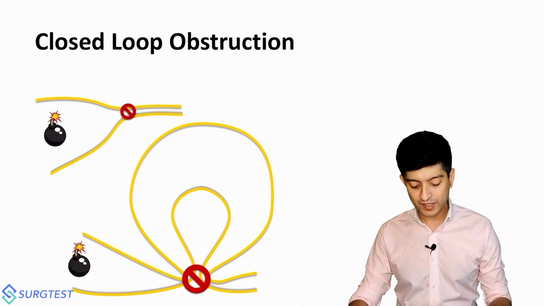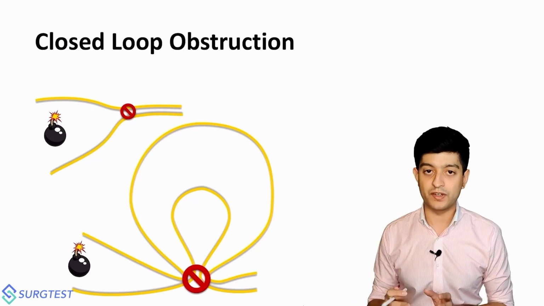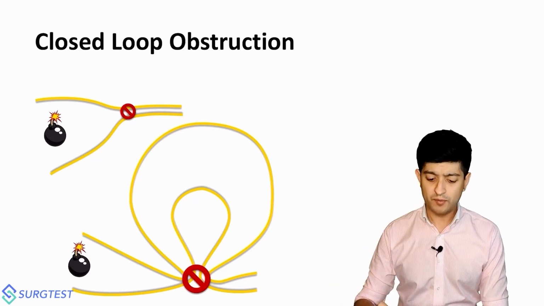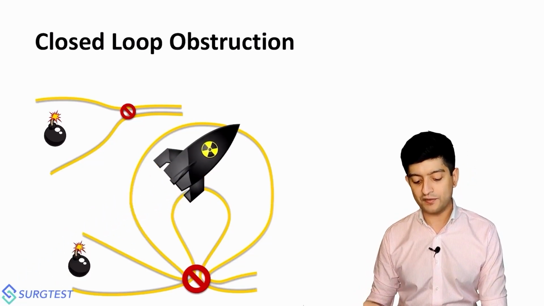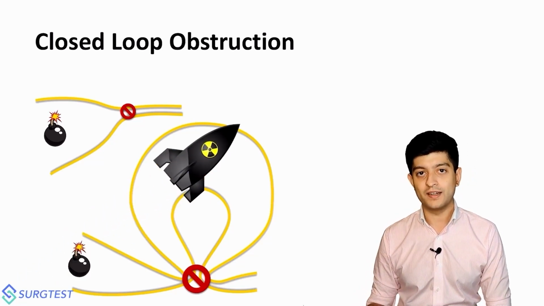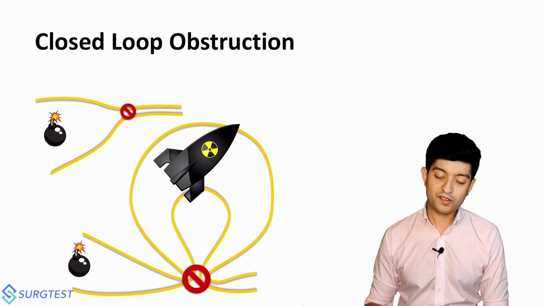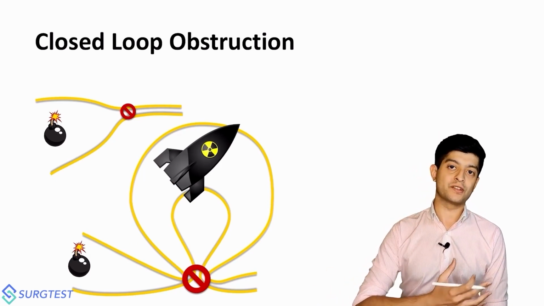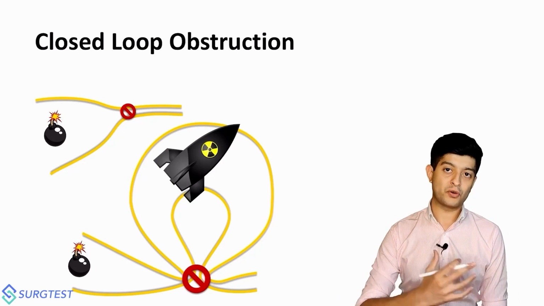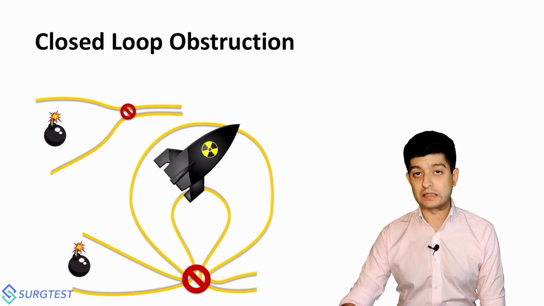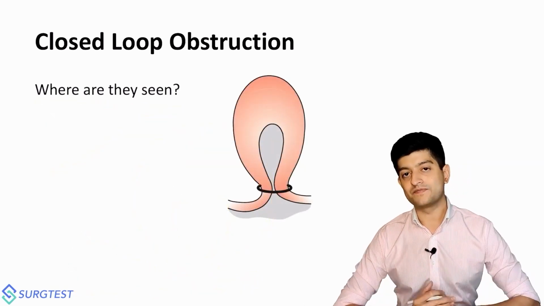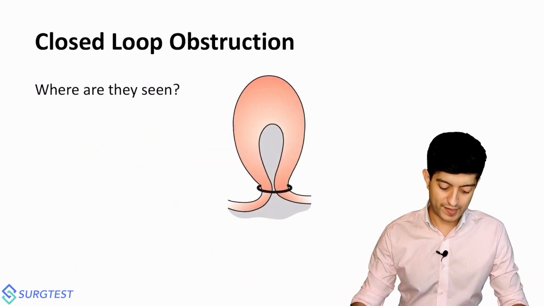You may land up having a time bomb within the proximal limbs when you're dealing with a single point obstruction as well as a closed loop obstruction. But in a closed loop, the loop itself is more like a nuclear bomb that's waiting to go off because the pressures are just so much higher than the intraluminal pressures within the proximal bowel loops. So closed loop obstructions actually merit early intervention and a very close clinical examination to be able to detect them.